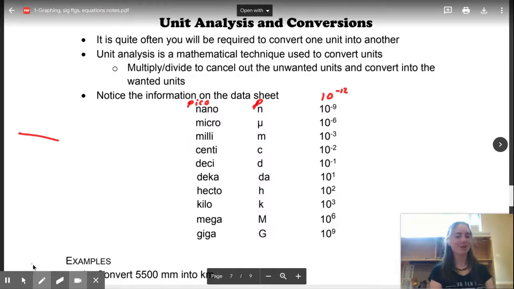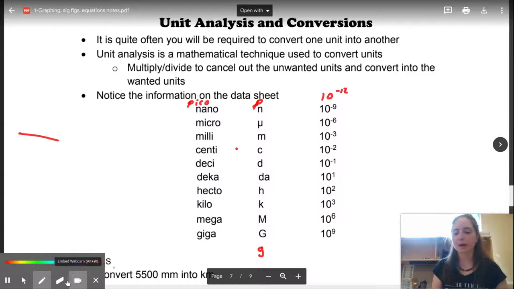Okay, so let's look at how to use this. Now, these prefixes are going to be compared to any unit. Okay, so we can think of it as there would be a 1 in front of it, and then this would be the standard. So let's say I'm going to be working with grams. Okay, so the gram would be after the fancy unit.